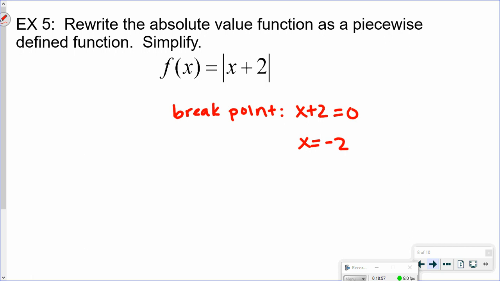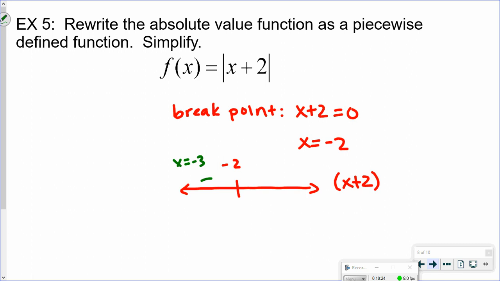All right, so let's look at that on our number line. This is for x plus 2. If I plug in a number left of negative 2, so let's say negative 3, well, negative 3 plus 2 is negative 1.